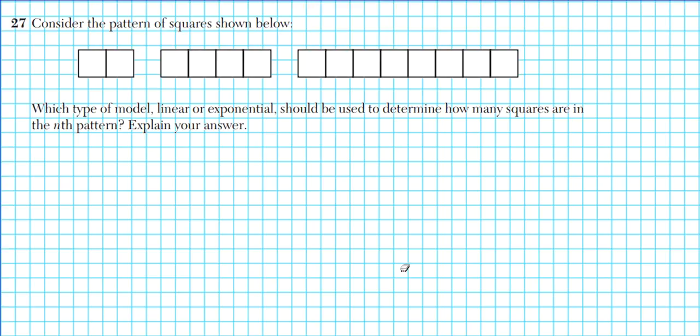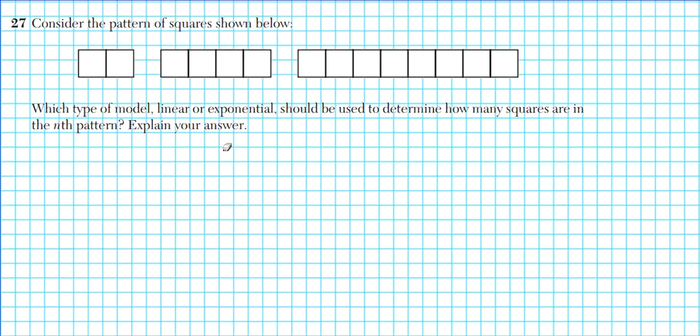Why do I call this a multiple choice question? Well, we're told that if you examine this pattern, is the nth pattern, is the model, is it linear or exponential? So it has to be either this or this. And then whatever your answer is, you will have to back it up with an explanation.